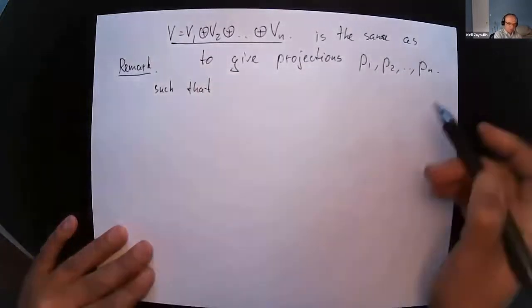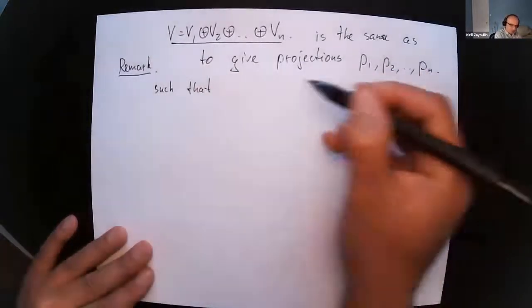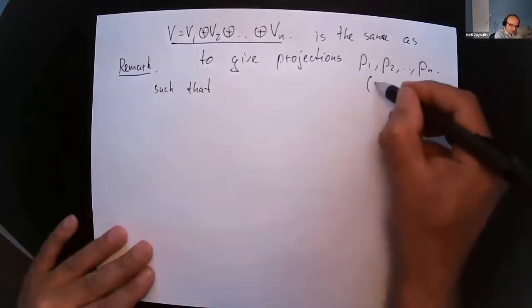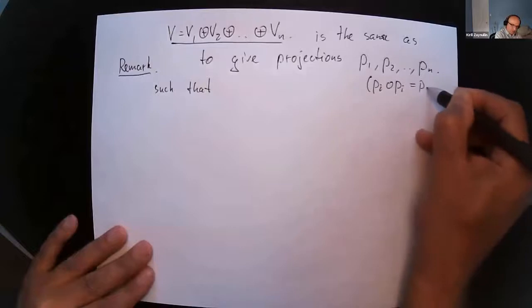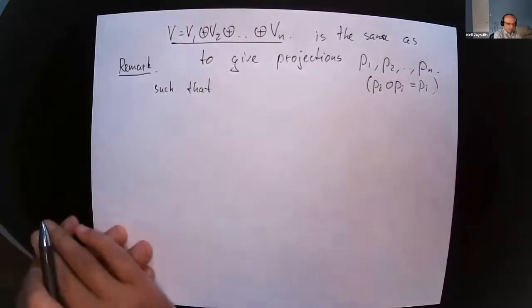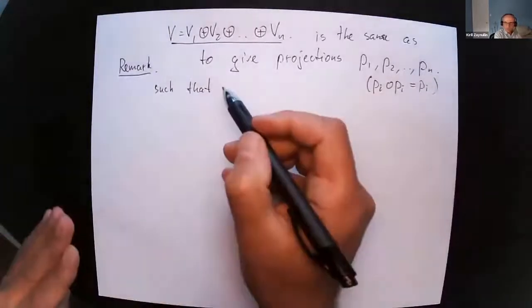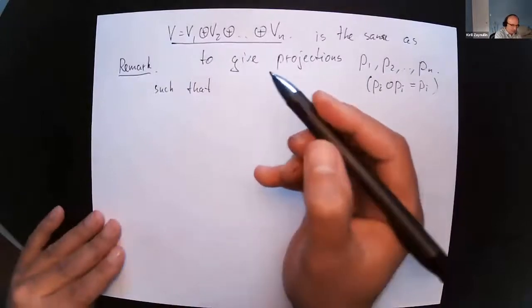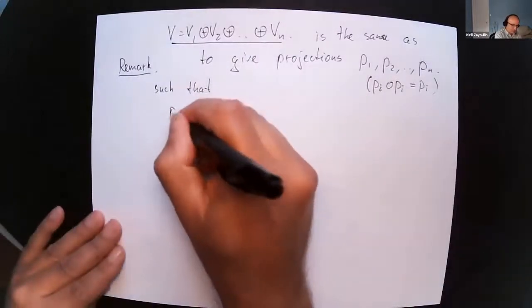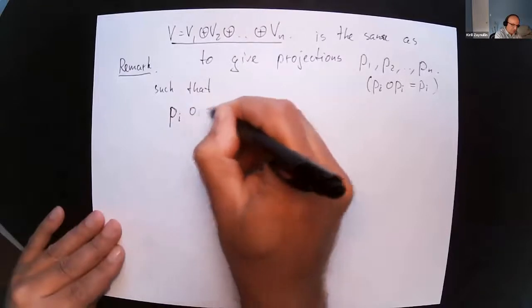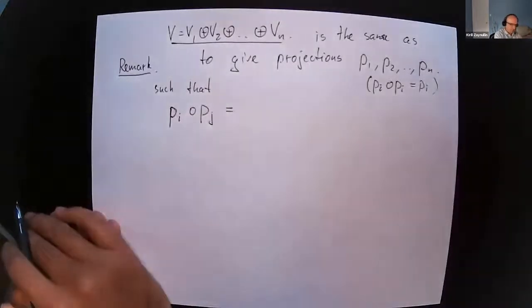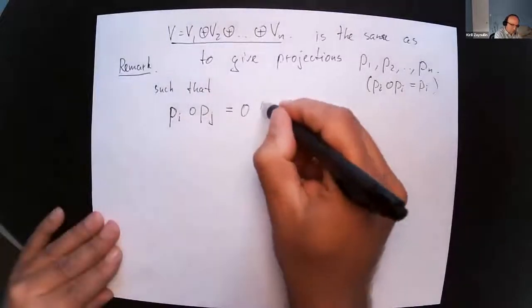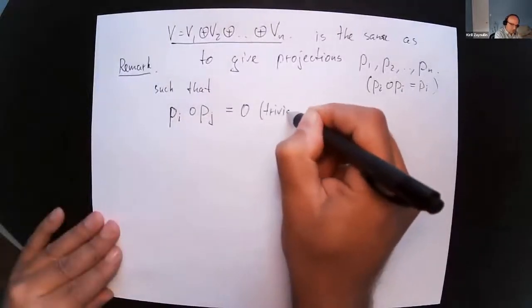First of all, those are projections, right? So meaning that they, of course, all satisfy: if I compose each such projection with itself, I get the same projection. Let me just write it. So what are the conditions? If we compose two different projections, we must get a zero trivial linear transformation.